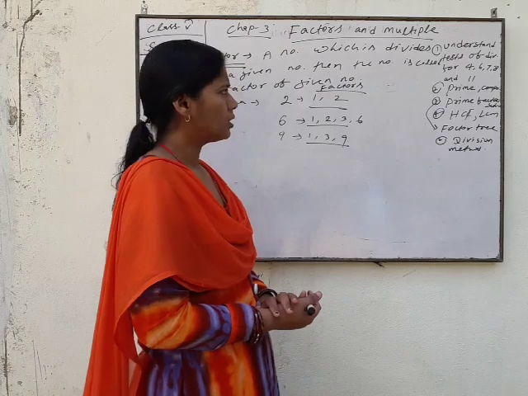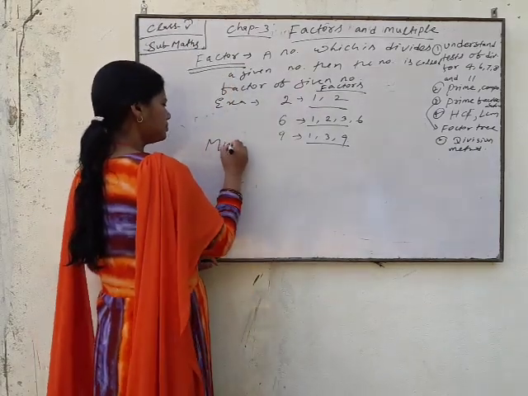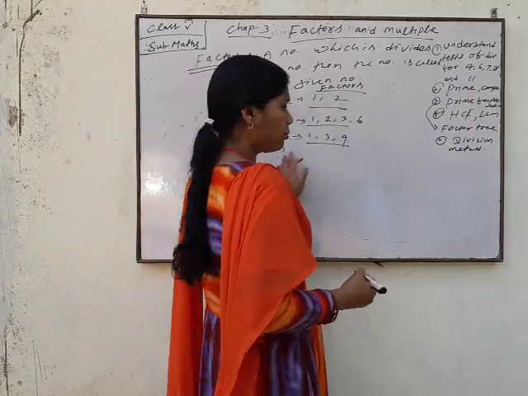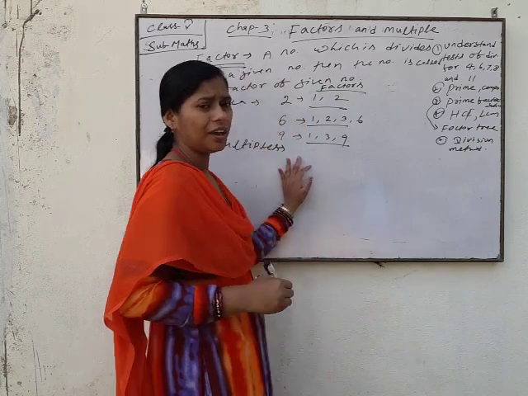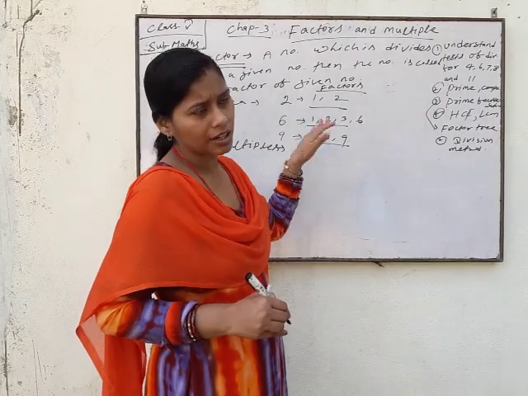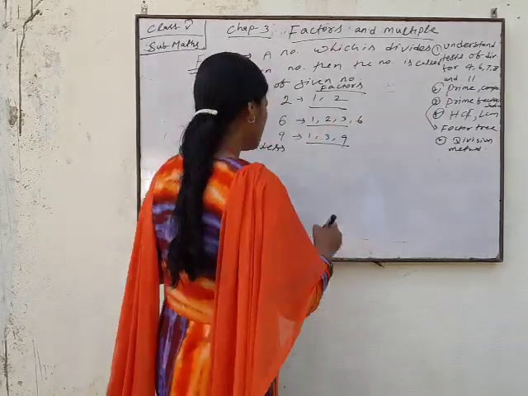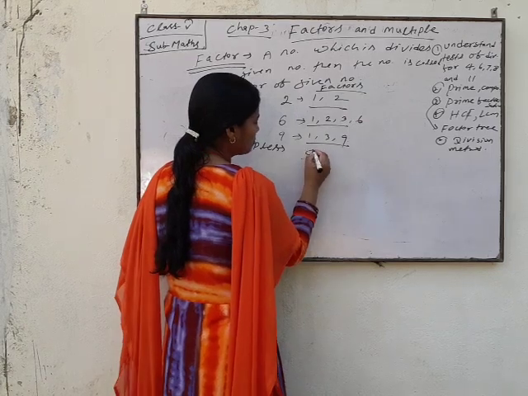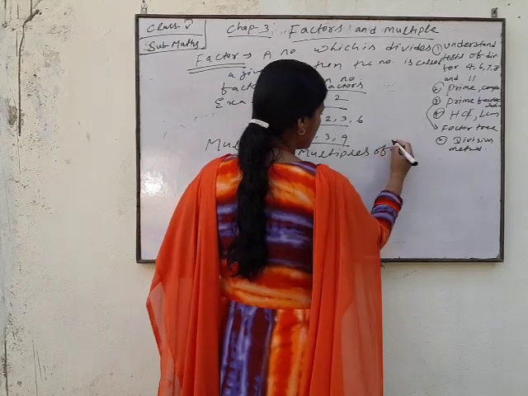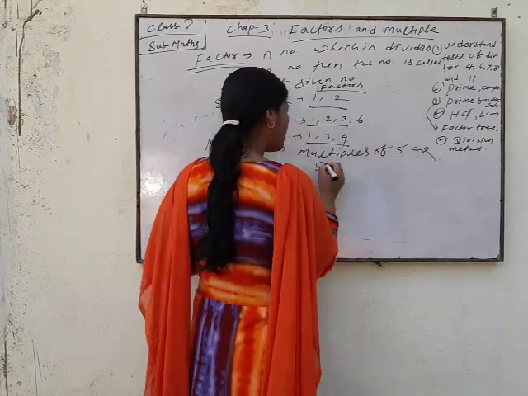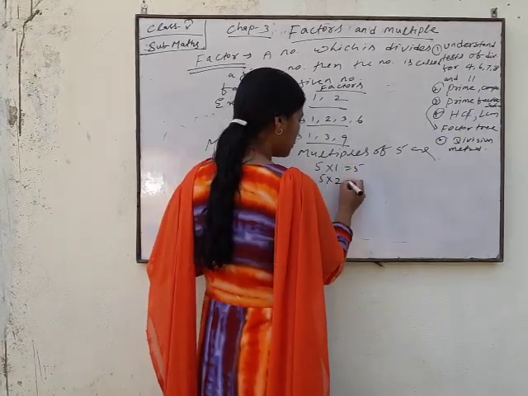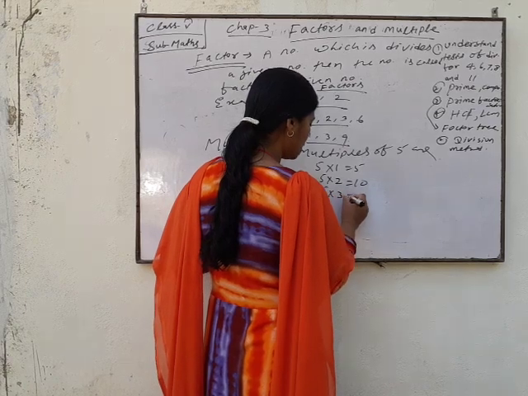And what is a multiple? Multiple means if a number is multiplied by a natural number, then the obtained number is called a multiple of the given number. Suppose 5: multiples of 5 are 5 multiplied by natural numbers. 5 times 1 is 5, 5 times 2 is 10, 5 times 3 is 15.